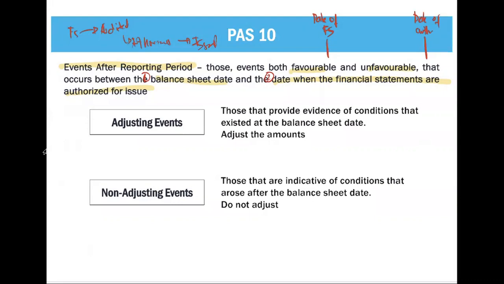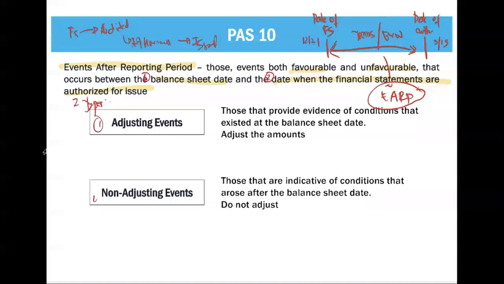So if that is your date of financial statement and your date of authorization for issue is, let's say, March 15, then the items between those dates, from December 31 to March 15, or from the date of financial statement to the date of authorization, any transaction or event there is known as events after reporting period. And these events after reporting period, we have two types.